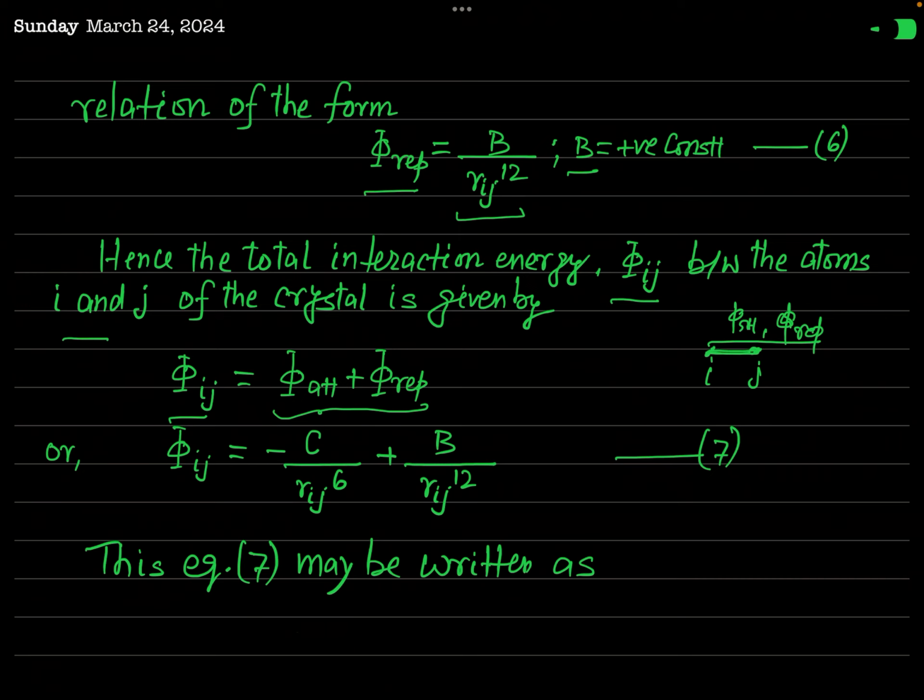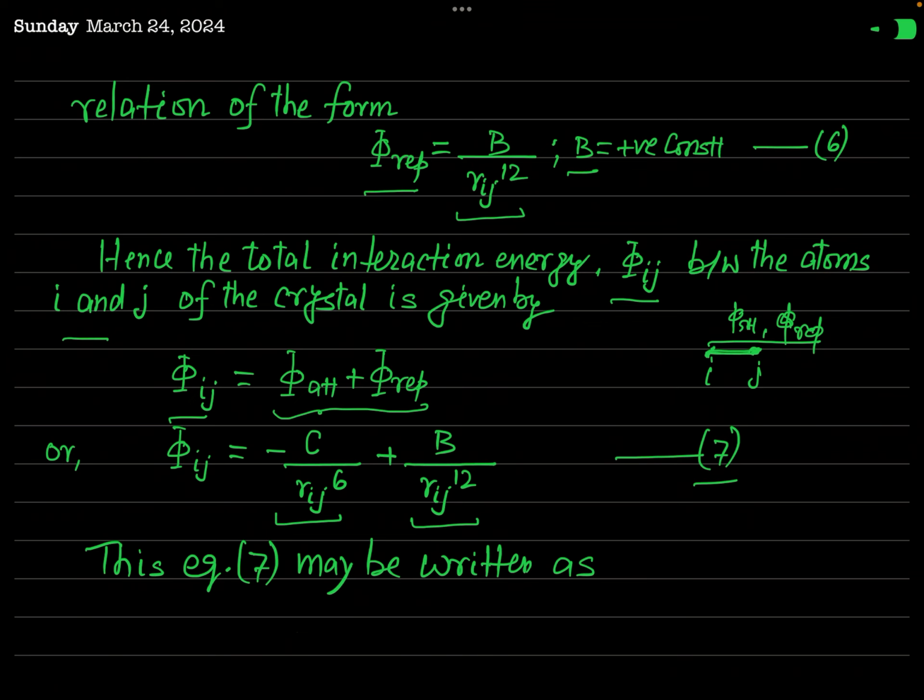Okay, but we have seen that phi attraction is equal to minus C over rij to the power 6, and phi repulsion, what is this? This is B over rij to the power 12. Okay, so this is the expression for the interaction energy developed due to total interaction between i and j. Now for our further calculation, we will express this equation 7 in another convenient form.